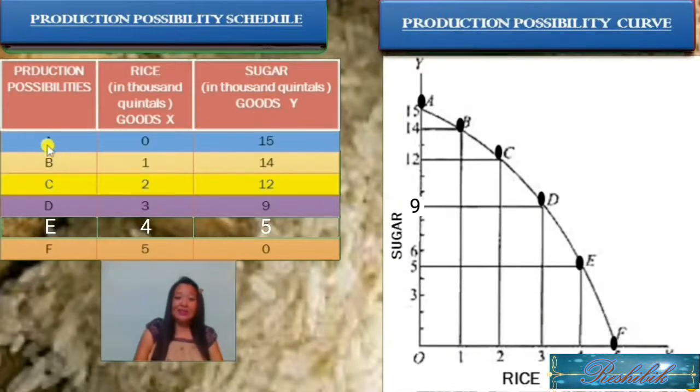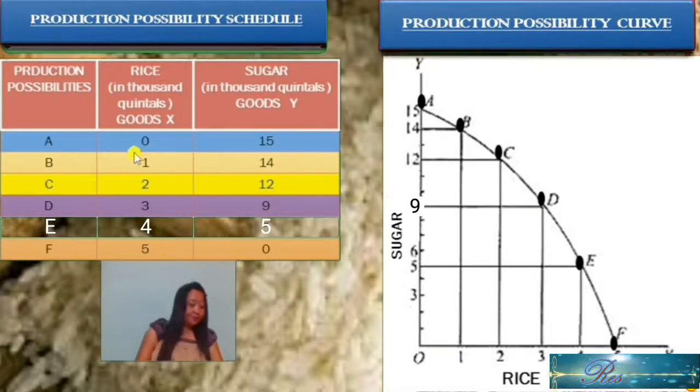According to possibility A, if you allocate all the resources in the production of sugar, your production of sugar will be 15 units. Since you have allocated all the resources to sugar, the production of rice will be 0 because you have not allocated any resources here.